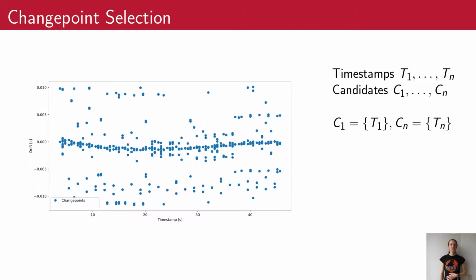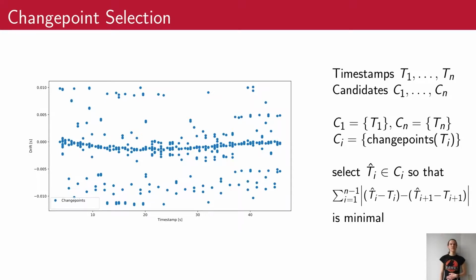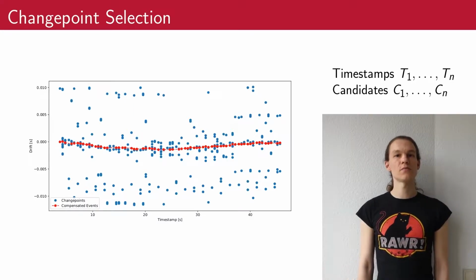Next, we perform change point detection to calculate the candidates for the remaining timestamps, and then select compensated timestamps from these change points so that the evolution of drift over time is minimal. With proper modeling, this is as simple as a shortest path search in an undirected weighted graph. And here is the shortest path for this example.